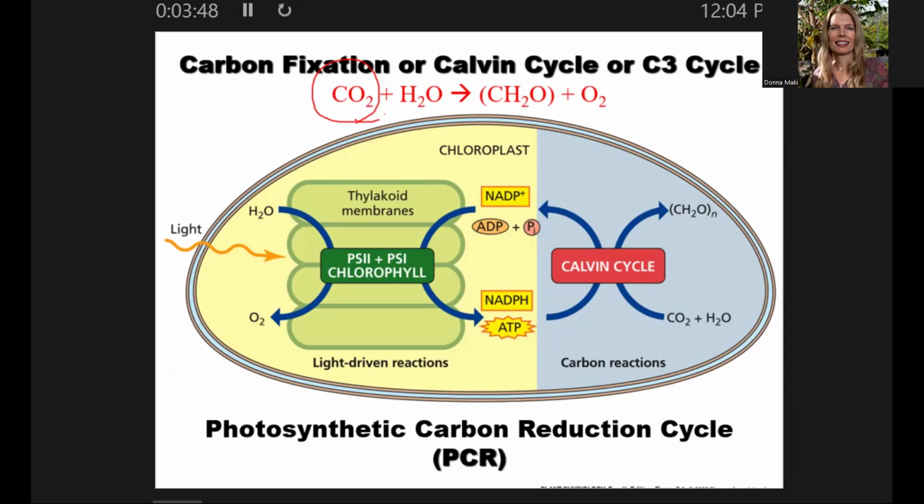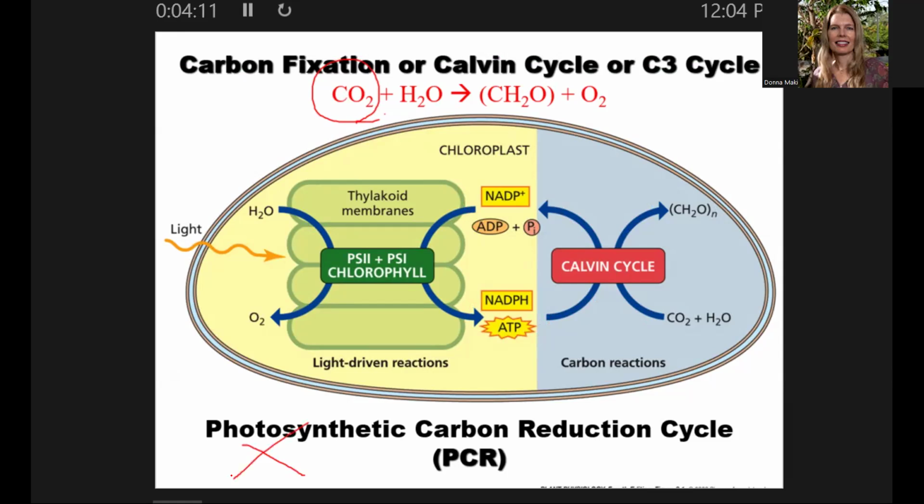It's also called the photosynthetic carbon reduction cycle, which is a mouthful, and that abbreviates down to PCR. I don't know about you, but when I hear PCR, I think polymerase chain reaction. I do not think about this long phrase, so I don't use that one at all. But just be aware that sometimes you'll see that in the book or the literature.